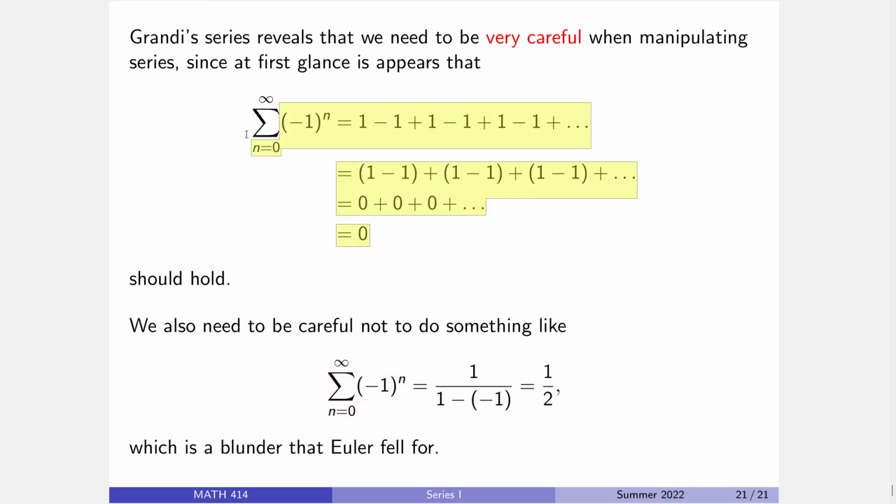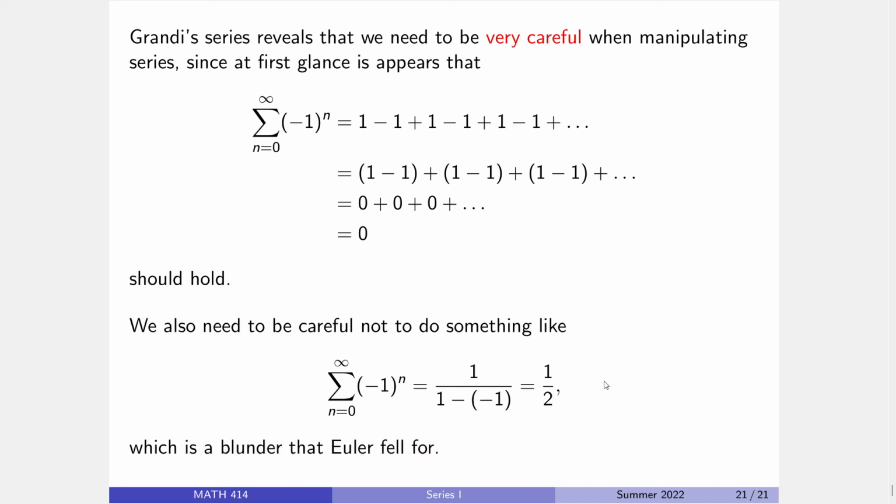So he sort of thought arguments like this were garbage, but he did them all the time, because mathematicians of the day were doing them all the time. But this was the one that he really thought, if this is going to have a value, it should be 1/2. And I'm calling this a blunder that Euler falls for.